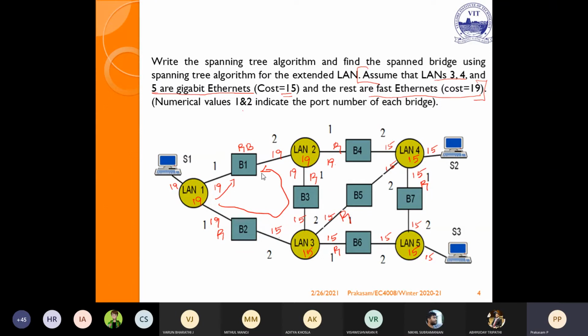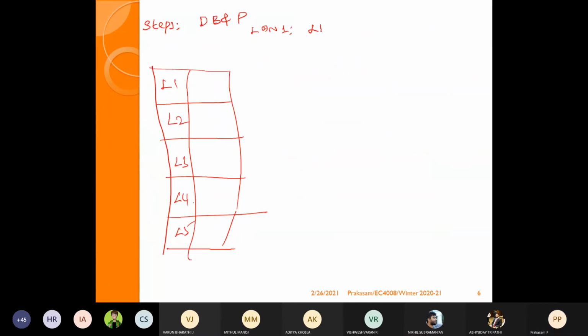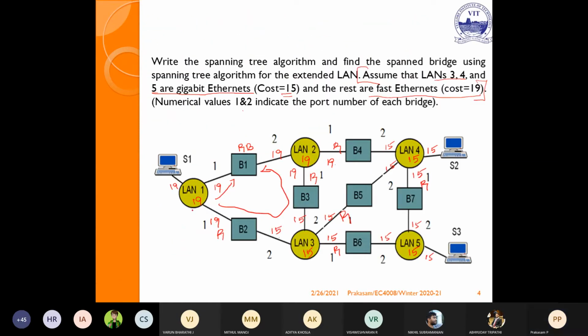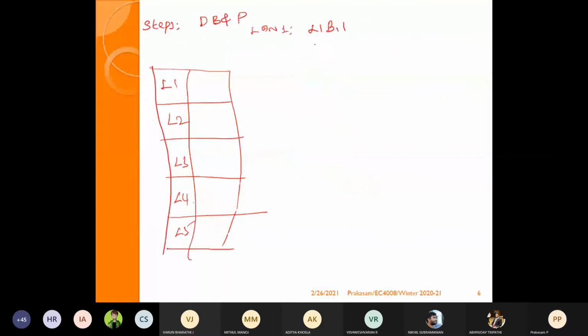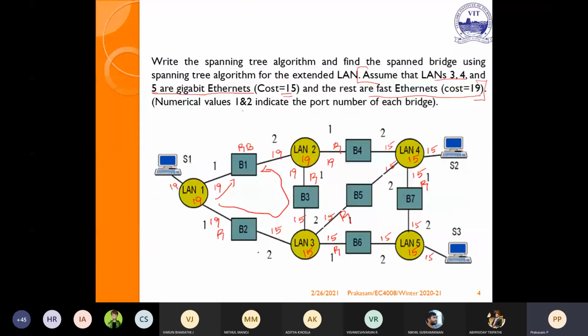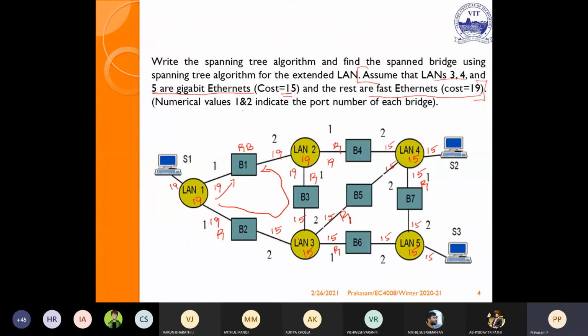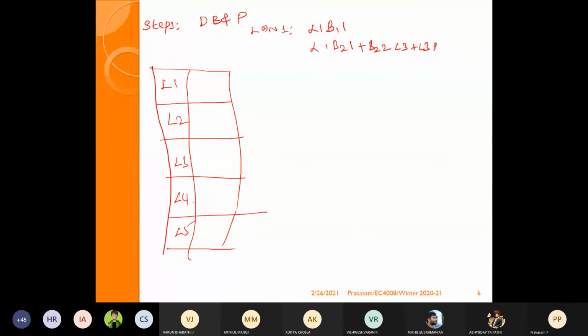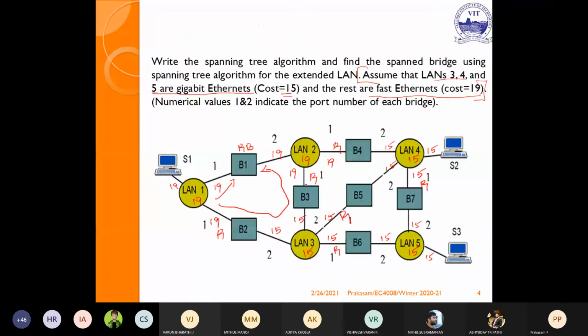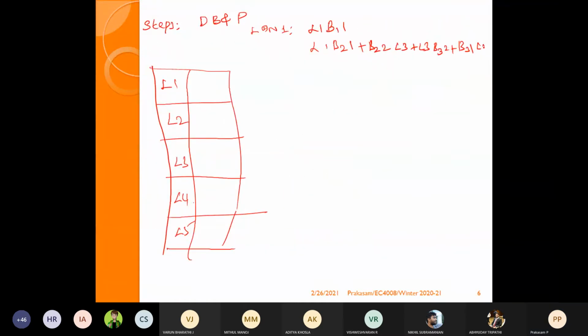So LAN 1, 1, 2, B1, 1. This is path 1. Another path, LAN 1, 2, B2, 1 plus B2, 2, LAN 3 plus LAN 3, 2, B3, 2 plus B3, 1, 2, LAN 2 plus LAN 2, 2, B1, 2.